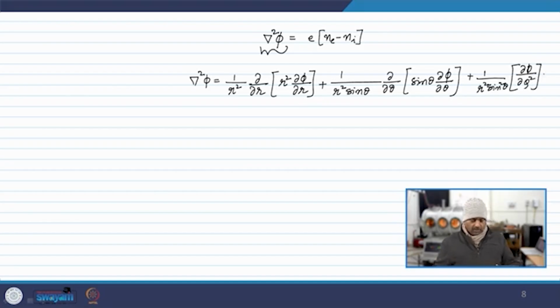This is the expression for del square phi. So, don't worry about how I got this expression. This is pretty standard, the Laplacian in the spherical polar coordinate system.